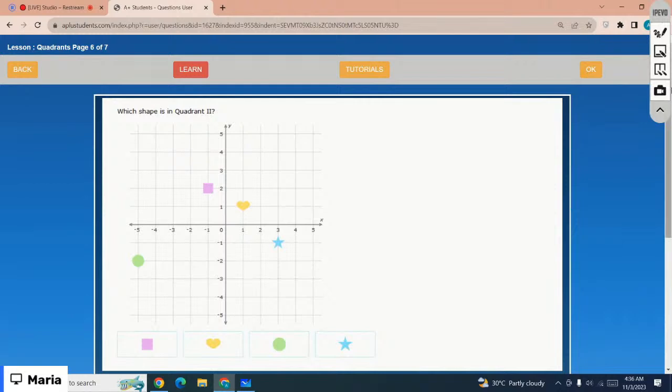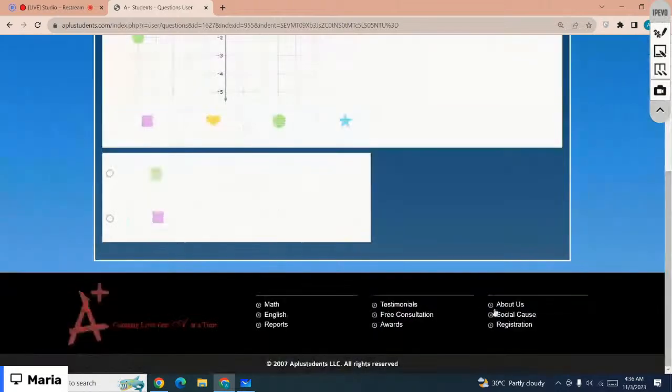Yes, you have a square in the second quadrant, got it?